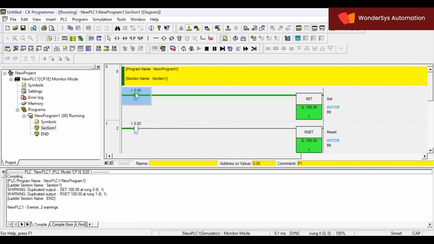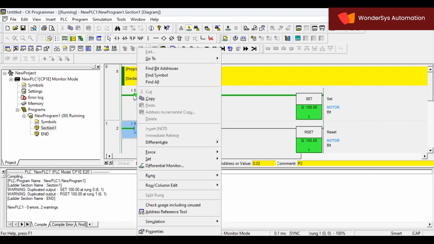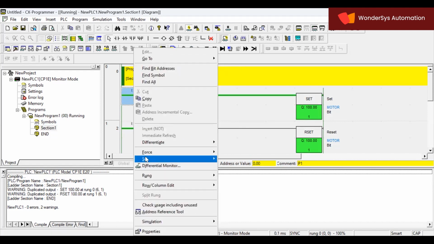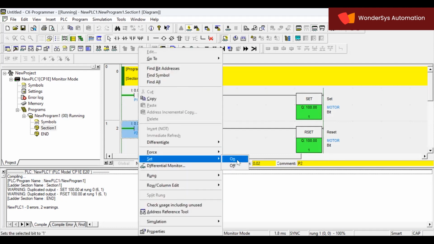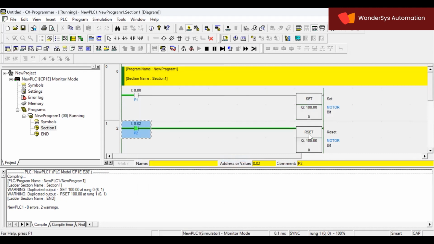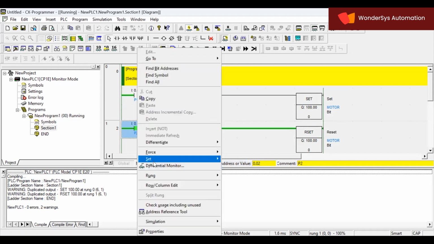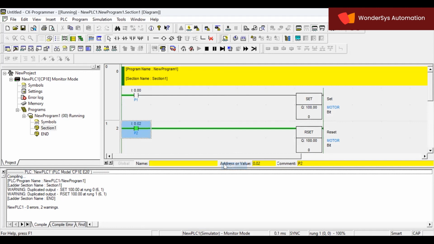Now I'll turn the switch off. Even if I turn the switch off, the output is in high state. Now I'll reset it. Now this got turned off. So I'll turn the switch off again. This is how the set and reset operation works.